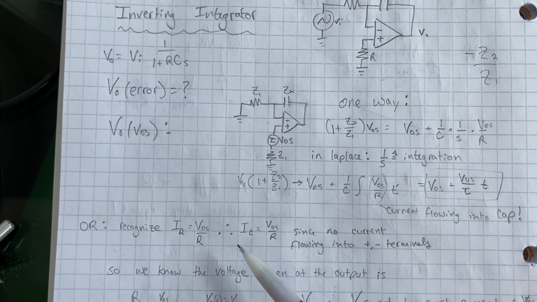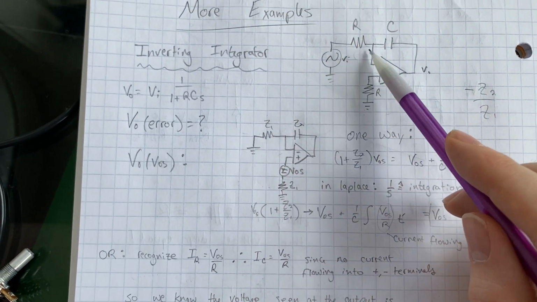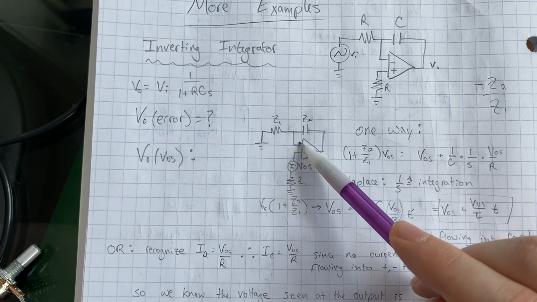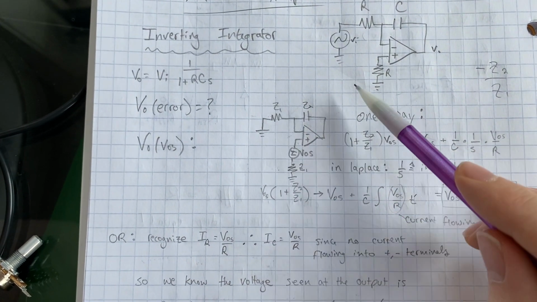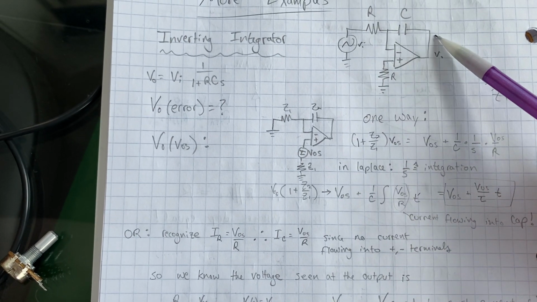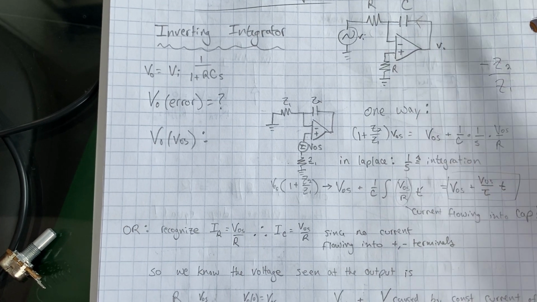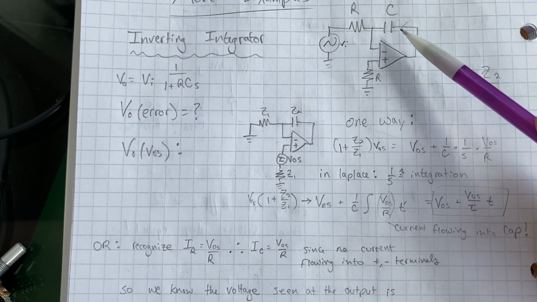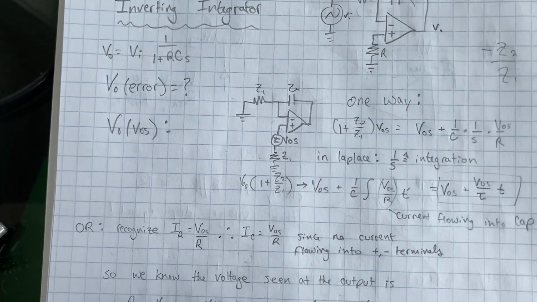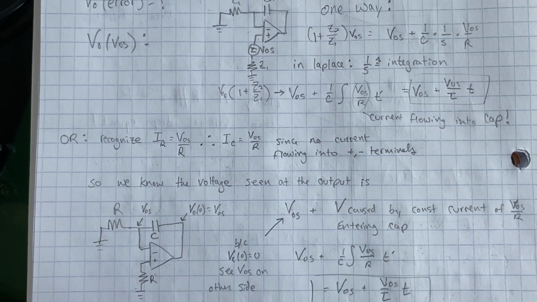Alternatively, we recognize that the current through this resistor here is just V offset over that resistance, because the same voltage appears at both pins. And since no current is flowing into the terminals, that whole current has to be flowing through this capacitor. And that means that we are integrating, because constant current into a capacitor is a linear increase, so integration of a constant.